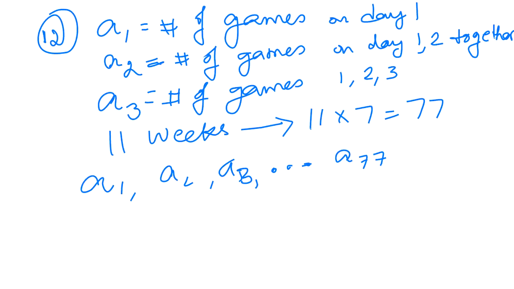Everybody can hear me, guys? If anybody can't hear me, just type in the chat session and let me know. We know that each and every day he practices at least one game. So A1 is greater than or equal to 1.